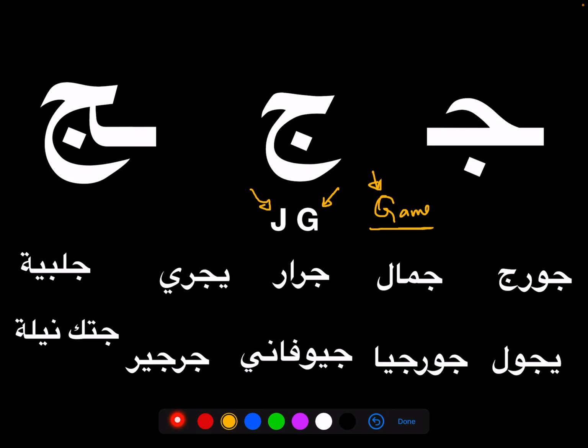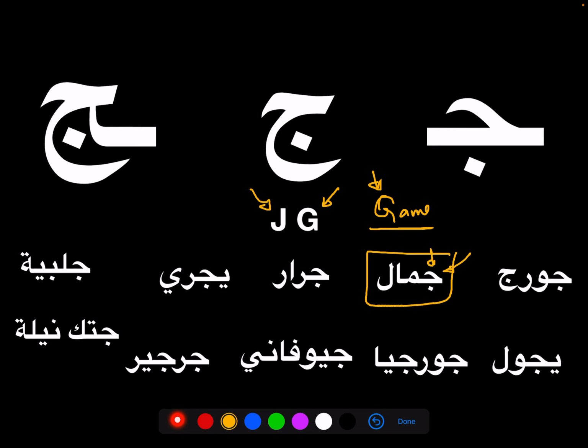So why do some Egyptians say G, like this word, for example, Gamal? In Arabic, it's Jamal. The Gulf countries say Jamal, but in Egypt, we say Gamal. Because back in the days, we had the G sound in the Coptic language, so we just inherited that sound from the ancient Egyptians.